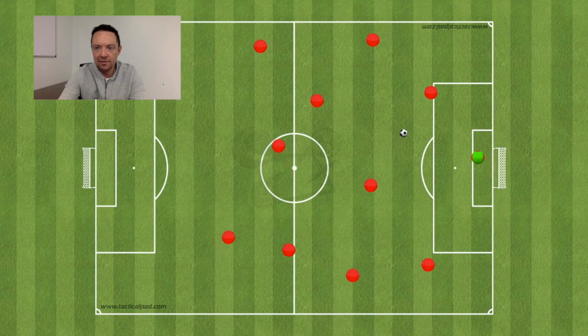And once we get out on the other side, we should have space. We can advance our fullbacks, a little bit of movement in the final third, and then all of a sudden we should create the chance on goal.